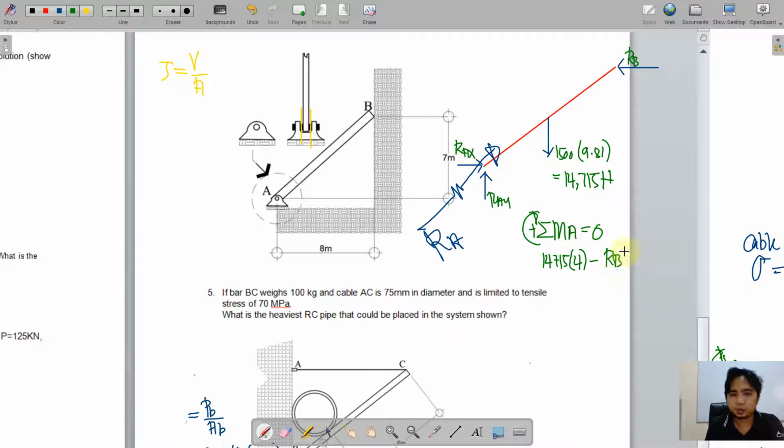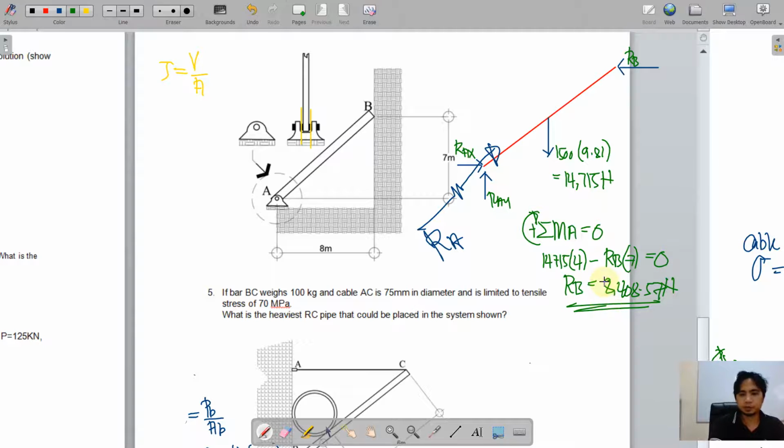RB times the moment arm, we have here 7. Okay, 7. And then we equate it to 0. Okay, so therefore, the reaction at B is equal to 8,408.57. So this is in newtons.